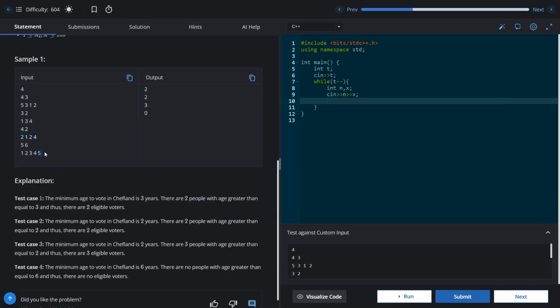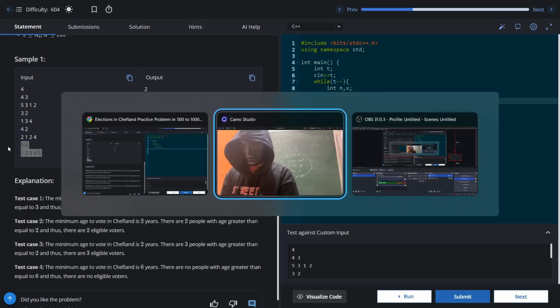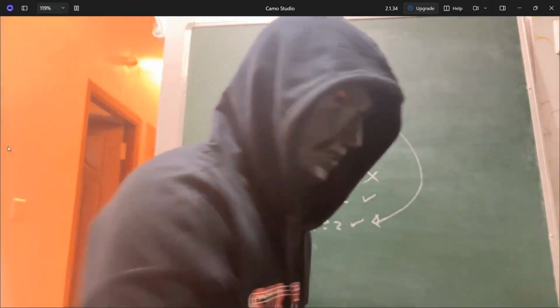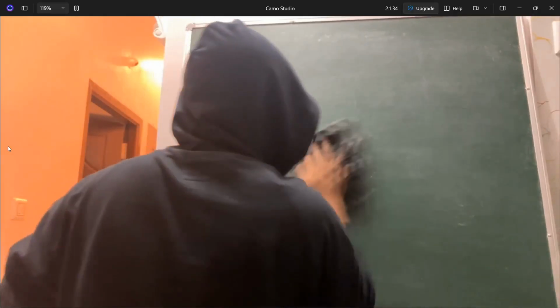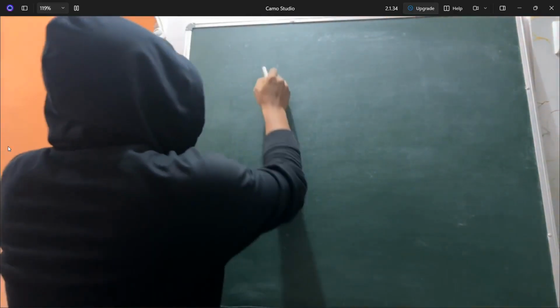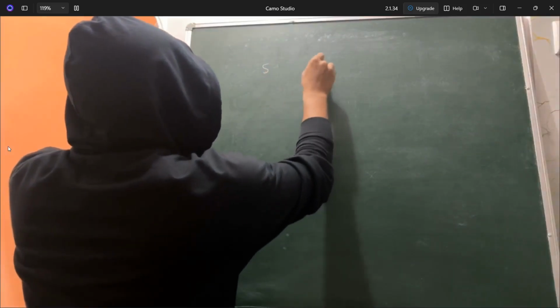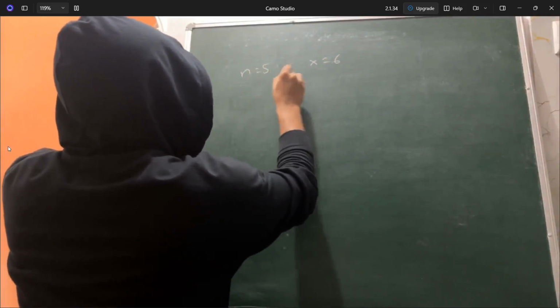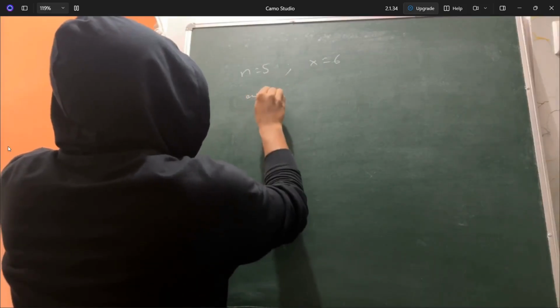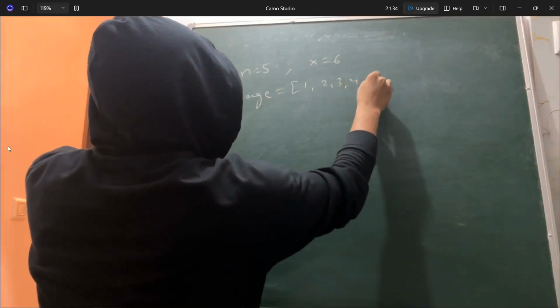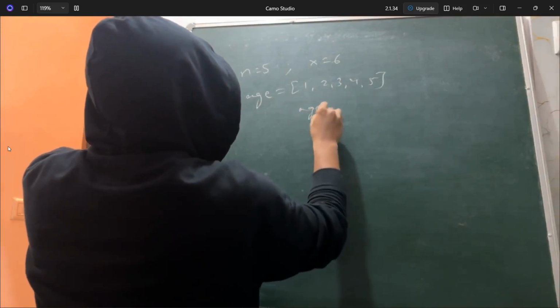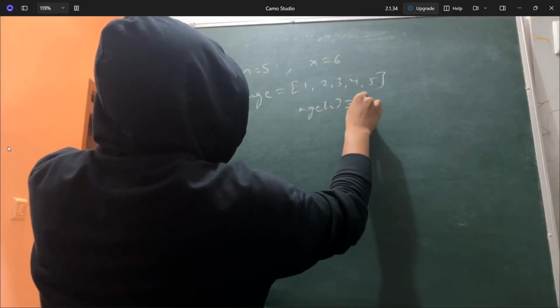Let's consider the fourth case. 5 6, 1 2 3 4 5. The total number of people is 5. x given is 6, n is equal to 5, and the ages are 1 2 3 4 5. Now you will have to check age of i greater than or equal to x.